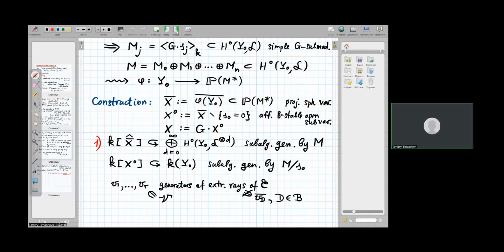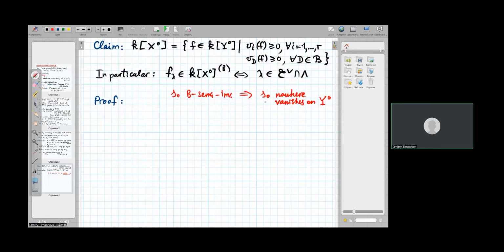Okay, so if this holds, this implies that phi of y upper knot is contained in the non-vanishing locus of S naught.